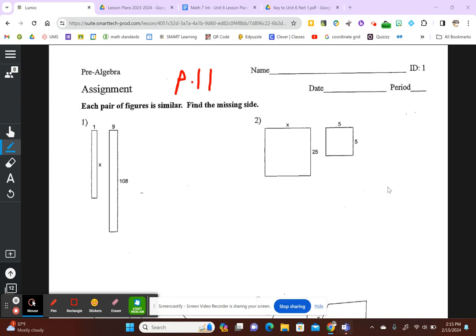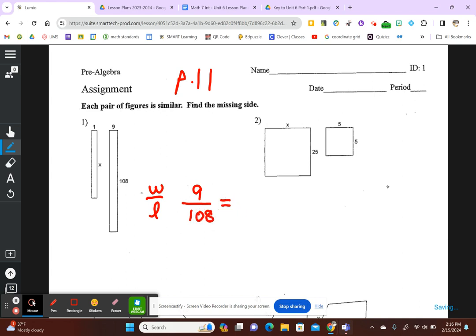So in this first example, we see a rectangle who has a width of 1 and a length of x, and they're telling you that a similar rectangle has a width of 9 but a length of 108. So if they are proportional, that means I can put width over length, and I could put the width of the large triangle, 9, over the length of the large triangle, 108.